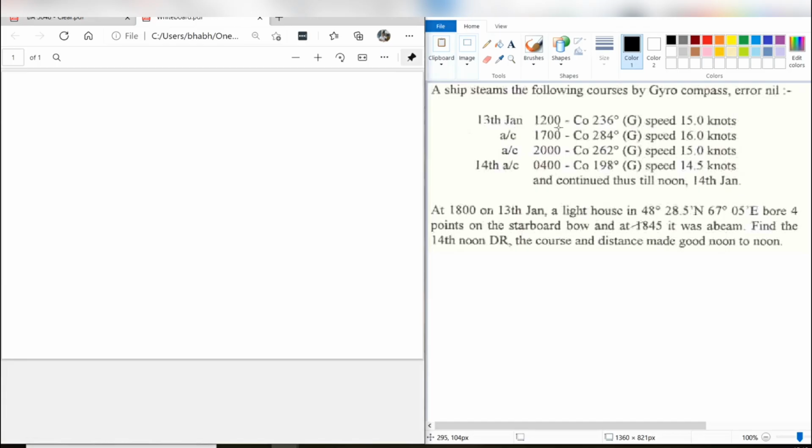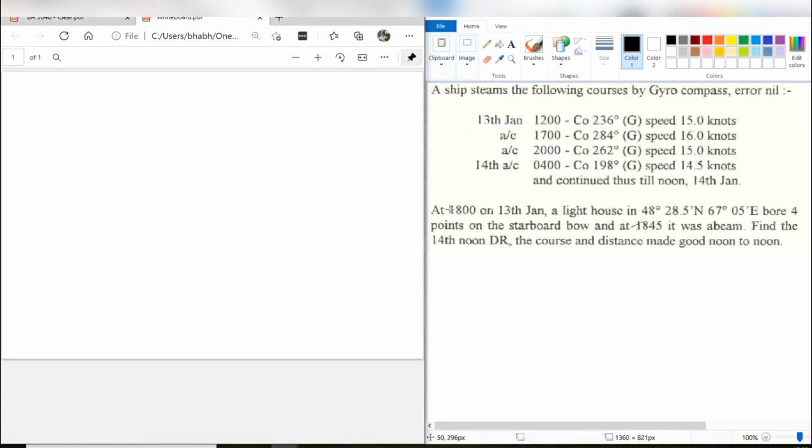On 13th January, 1200 hours, the course is 236, speed is 15 knots. Then at 1700 hours, the course is altered to 284, speed is 16 knots. At 2000 hours, the next course is 262, speed 15, and at 0400 they alter course to 198, speed 14.5. This is continued till noon. So you see there are 4 different legs of courses.